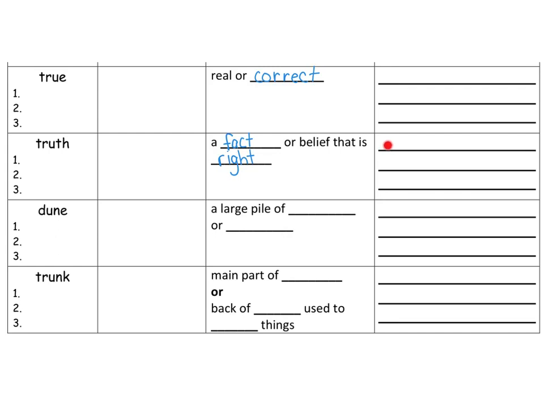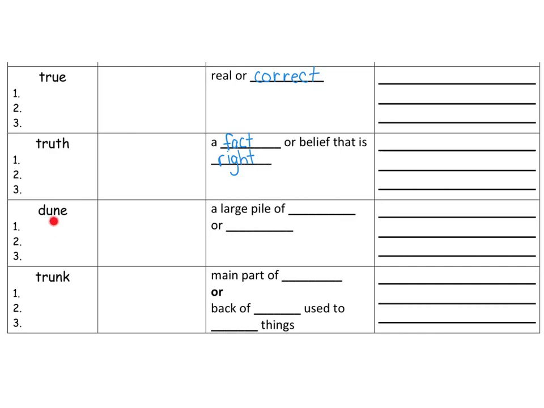So I'm going to write a sentence about truth. Sometimes I lie and sometimes I tell the truth. That's a good 5th grade sentence. So the truth would be the opposite of lie.